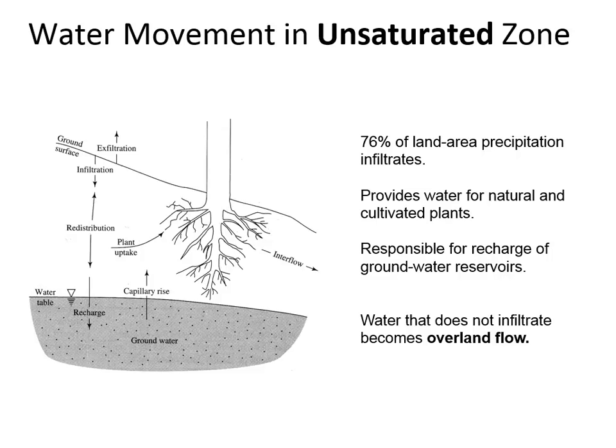For the most part, there's a statistic out there that says over the entire Earth's surface, on average, of the rainfall that falls onto land rather than onto the oceans, 76% of the precipitation infiltrates.